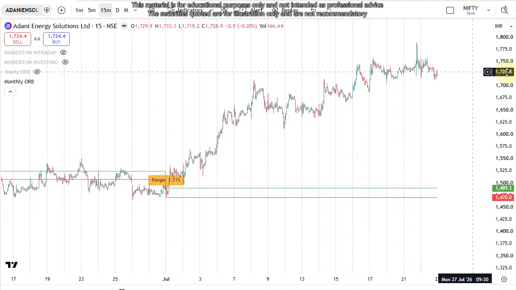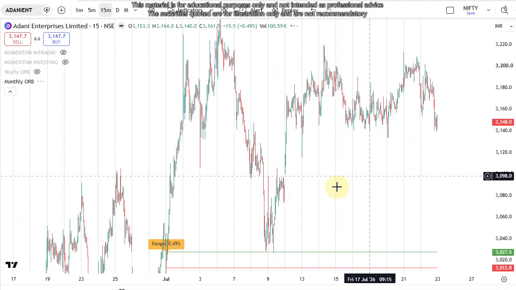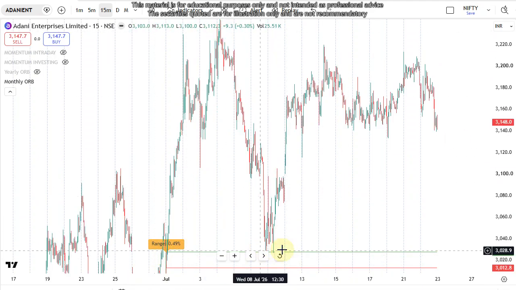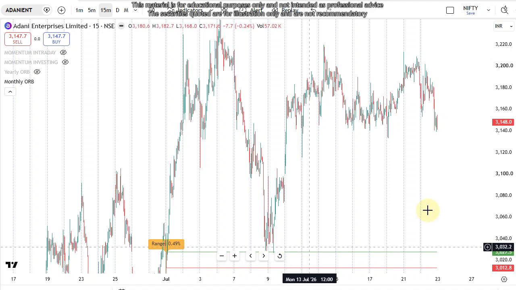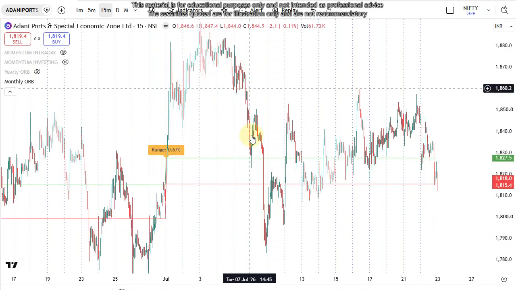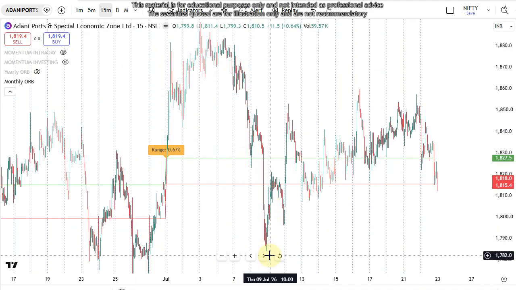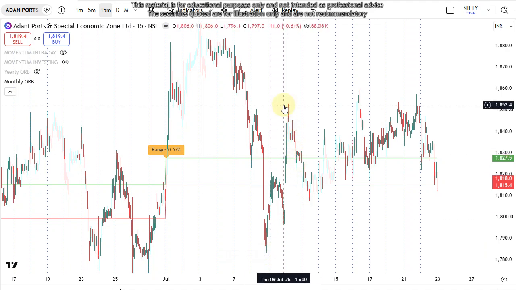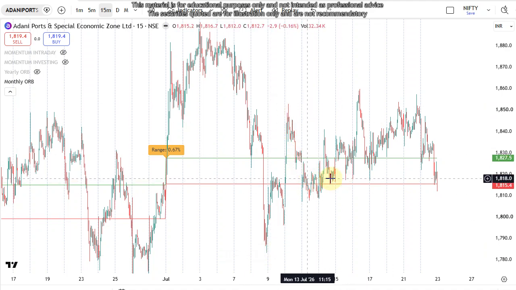See here, it is a one-way rally. See, buy, then exact support happened here. See, buy, support, second support. See, buy, first support, second broke the low and then broke the high, then took support here.